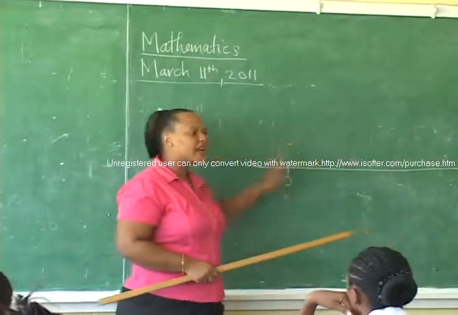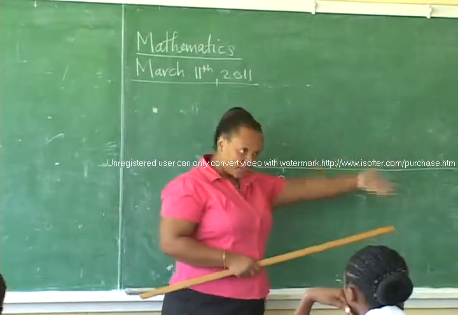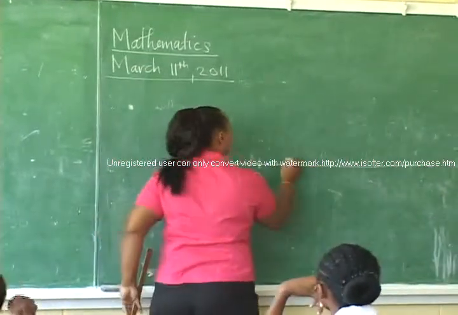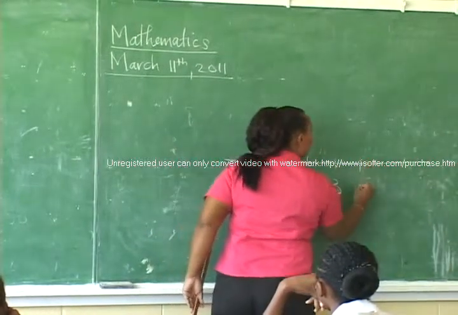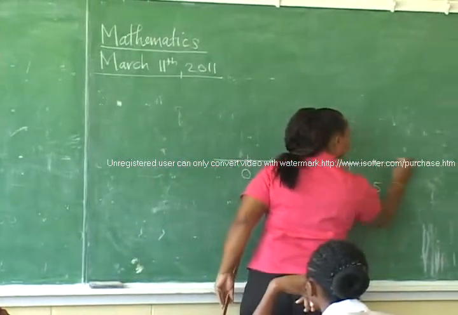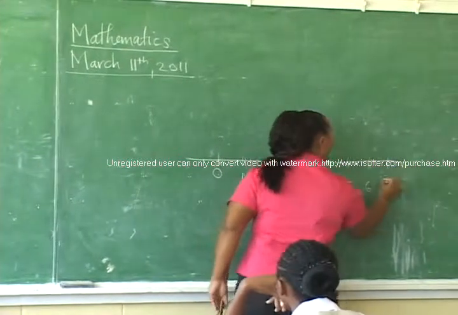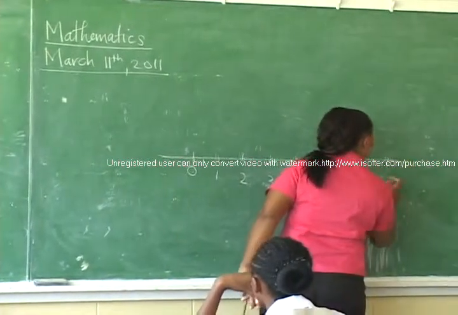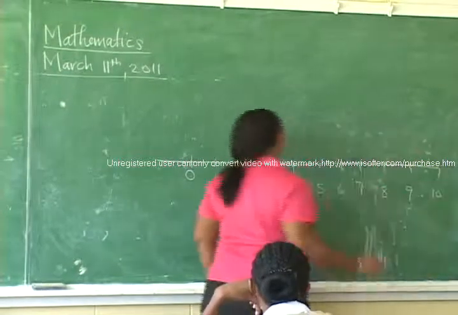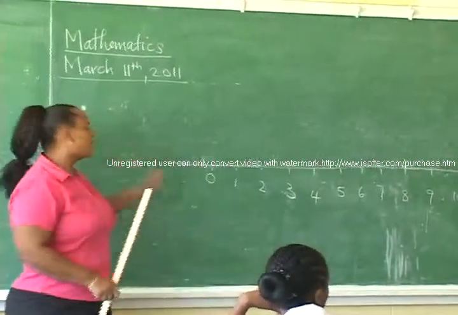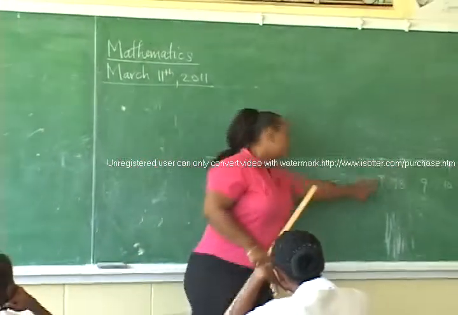As we go to the right, what happens? It gets bigger. It increases. Right. So we have the same distance away from each other. And all these are what type of numbers? Whole numbers. Let's consider numbers up to 10. So we have the whole numbers 0 to 10.